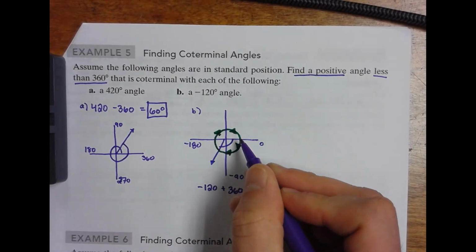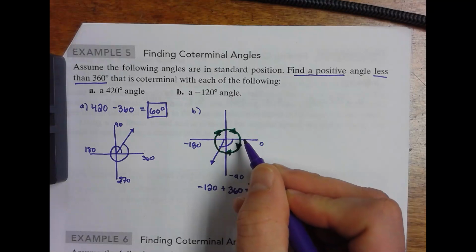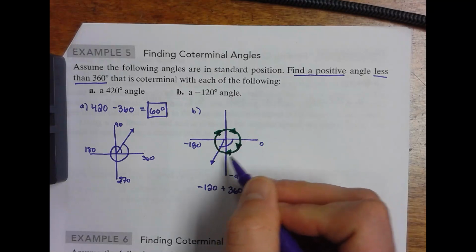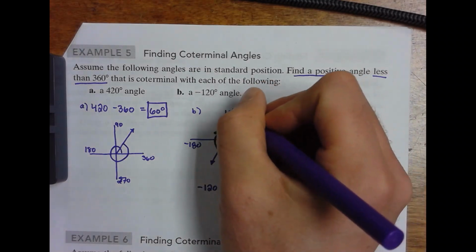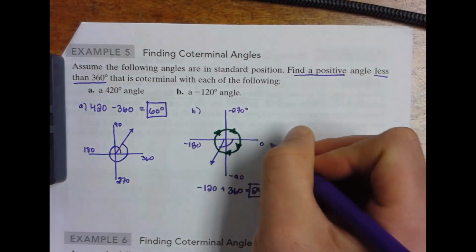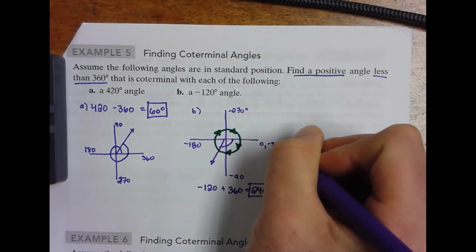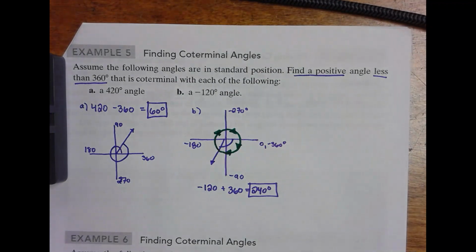So a quarter turn is still 90 degrees, but now since it's the opposite direction, it's negative 90. Then negative 180, negative 270, and then negative 360 all the way around. So it's more about the direction in which we rotate.